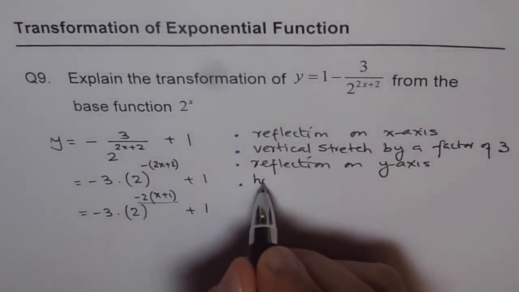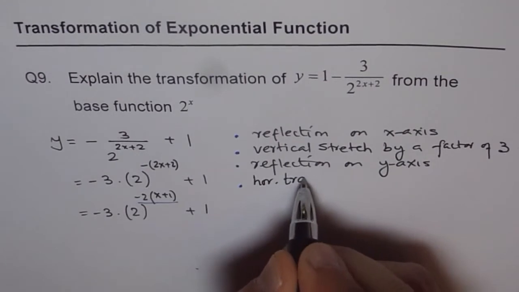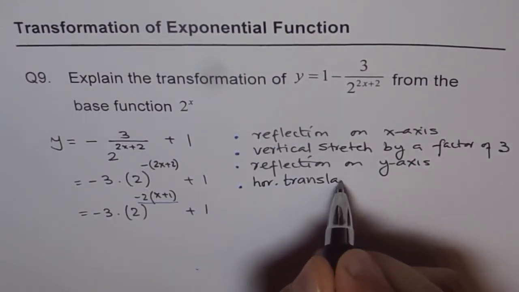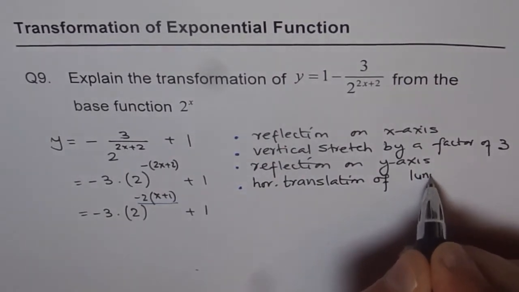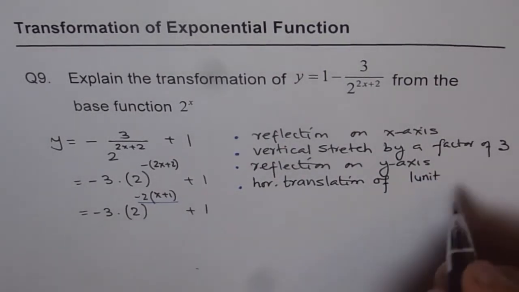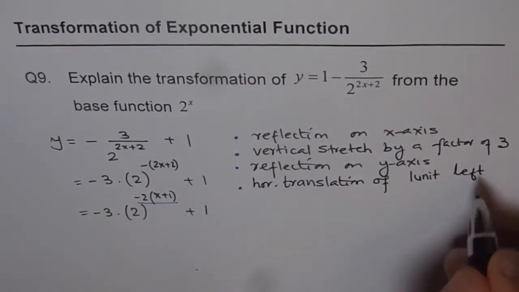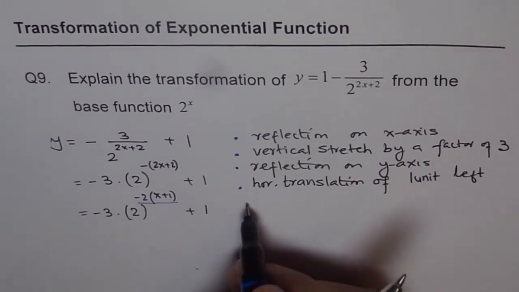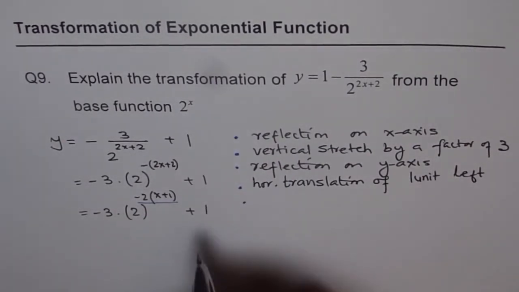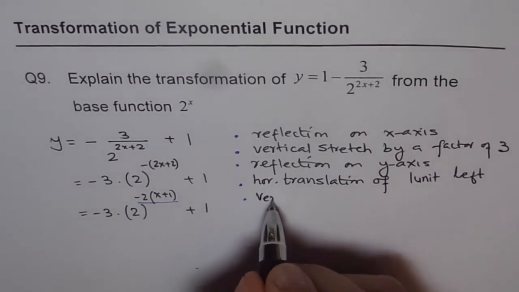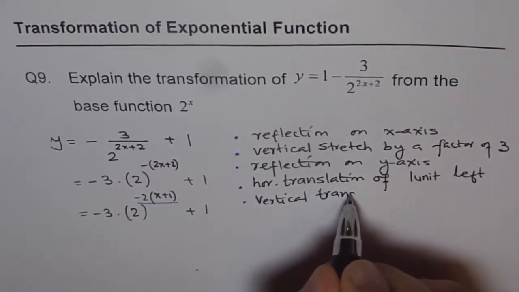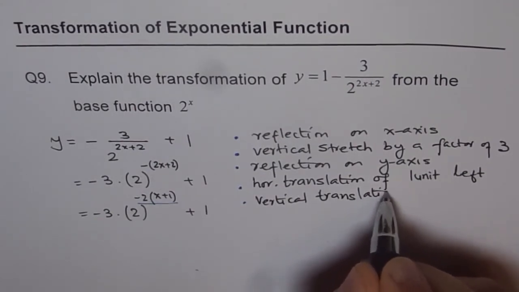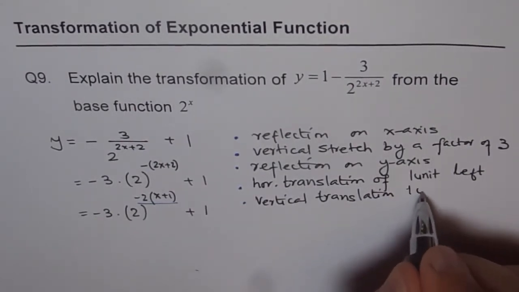Let me write horizontal translation of 1 unit left. And lastly, plus 1 indicates vertical translation, one unit up.